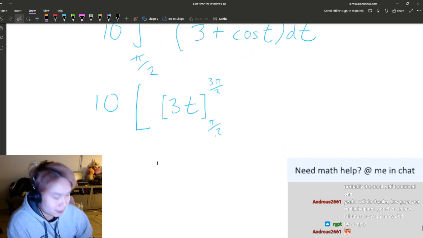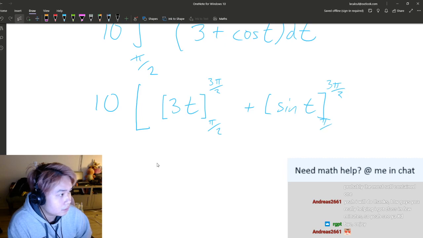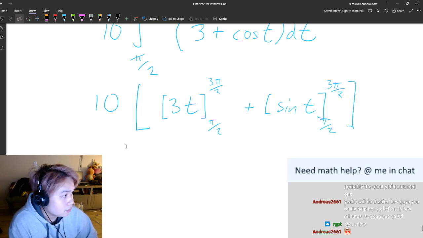And then the integral of cosine is sine, right? And then all of this is just pretty straightforward calculator work, I think.